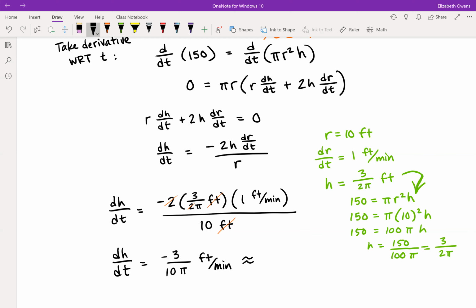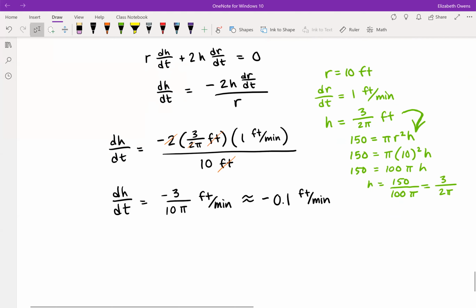Or if you do this on the calculator, that would be about -0.1 feet per minute. Okay, so that's what we come up with for the rate of change of the thickness of this pancake. So we'd put for our final answer, dh/dt equals approximately -0.1 feet per minute.